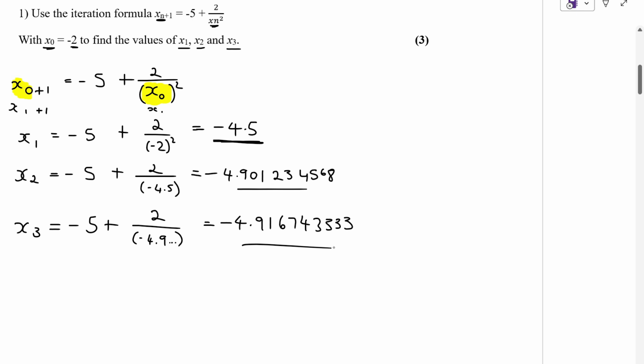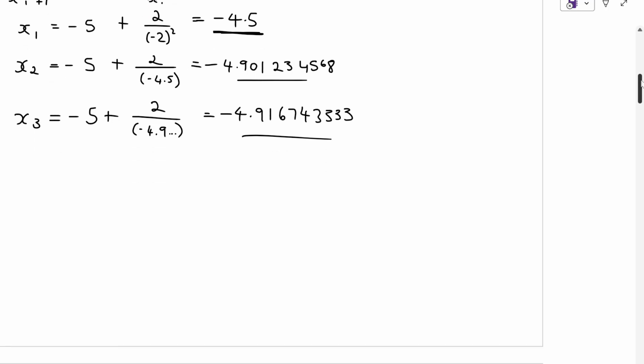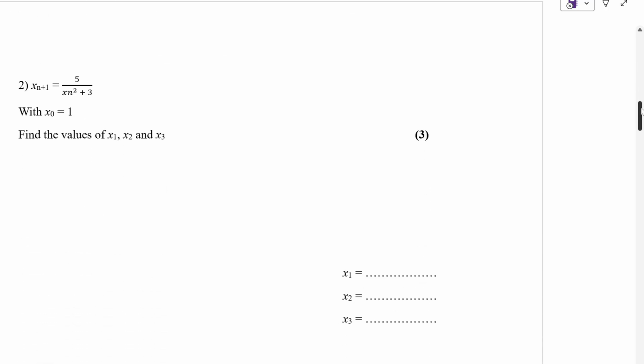And that is our answer. Okay, the more you do these questions, the quicker you can do them. Iterations isn't too difficult of a topic once you get the hang of it.